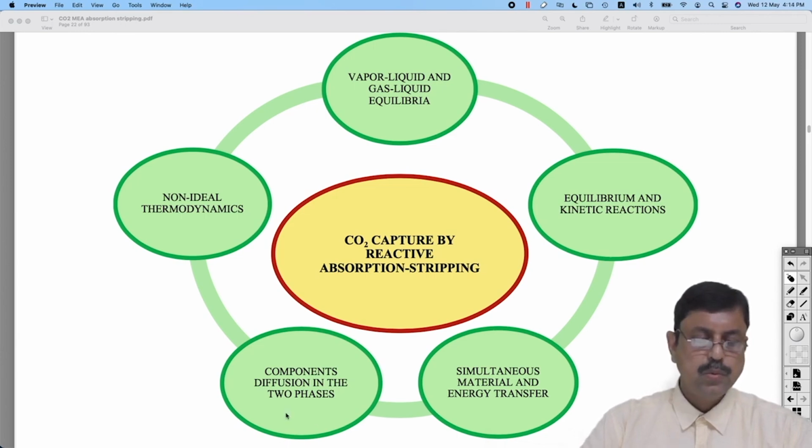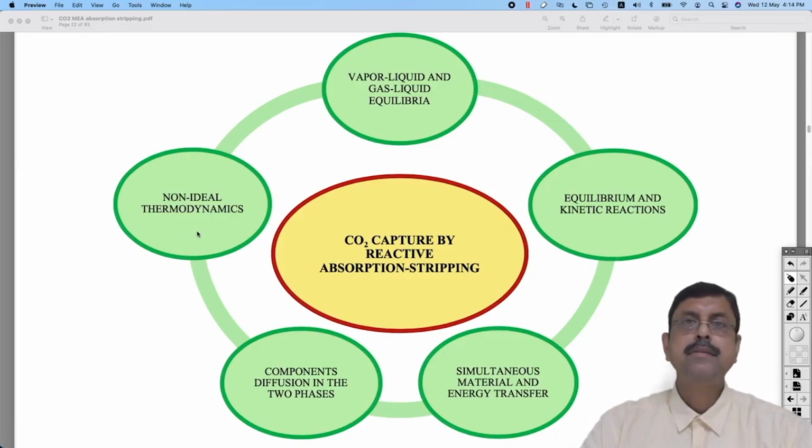We have to add in the components, diffusion in 2 phases, simultaneous mass transfer and energy transfer, equilibrium and reaction kinetics we have to refer and give the parameters in that, vapor liquid equilibria, gas liquid equilibria we have to analyze with non-ideal thermodynamics. All these factors will come in this case study.